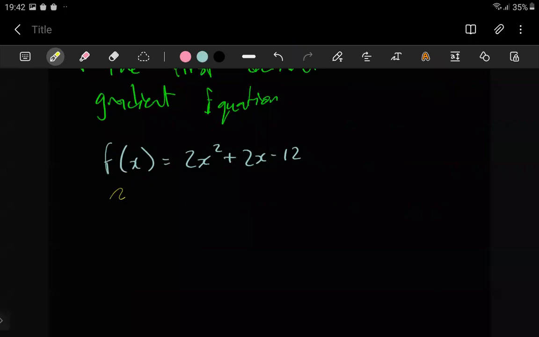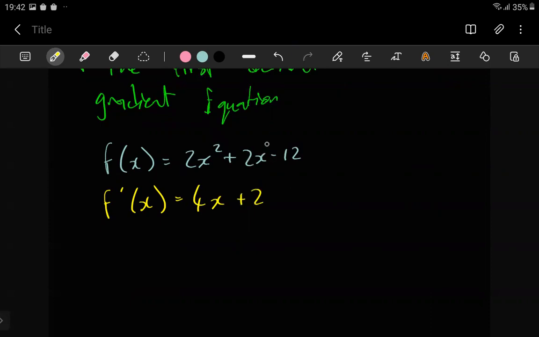So we're going to differentiate this to get a gradient equation. 2 times 2 is a 4, then remove 1 from the exponent. 1 times 2 is a 2. Remove 1 from the exponent, you're going to have x to the power of 0, which is just a 1. So it's just 2 times 1, which is a 2. Anytime you differentiate a constant, it just falls away. So this is our gradient equation.